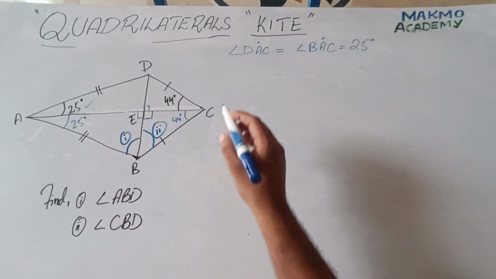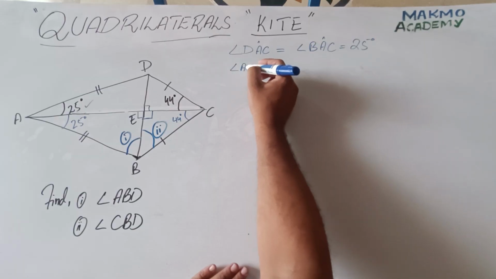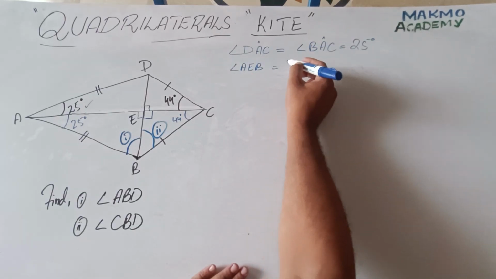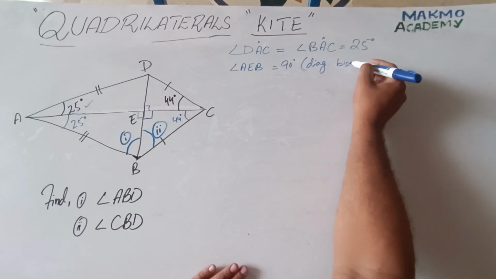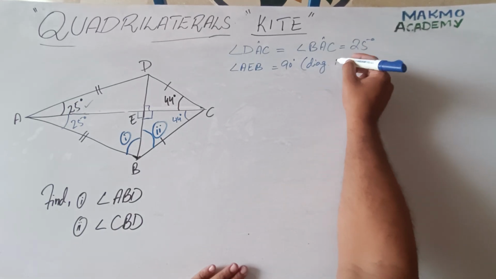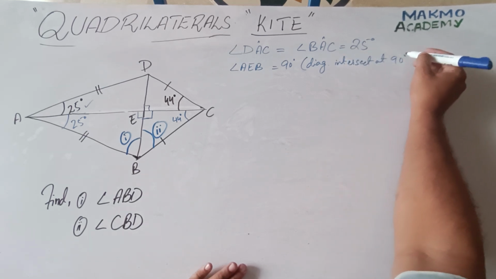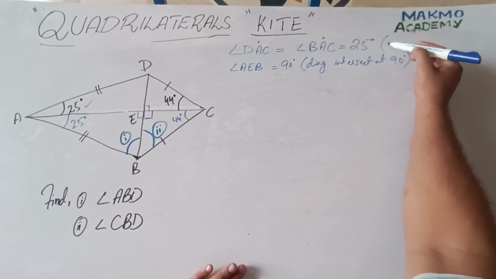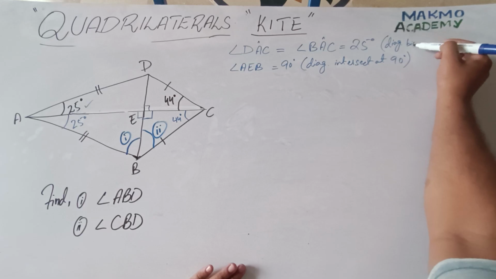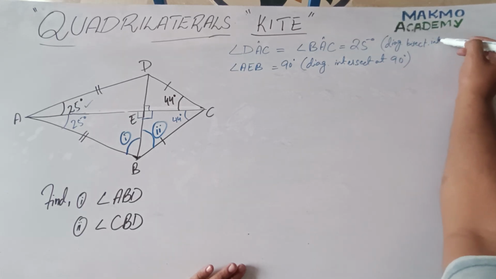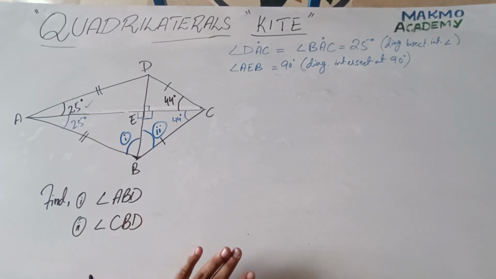I have mentioned the reason, and I will also say that angle AEB is equal to 90 degrees, diagonals intersect at 90 degrees. Diagonal bisects interior angle. So I have mentioned the reason for both the cases which I have written over there.